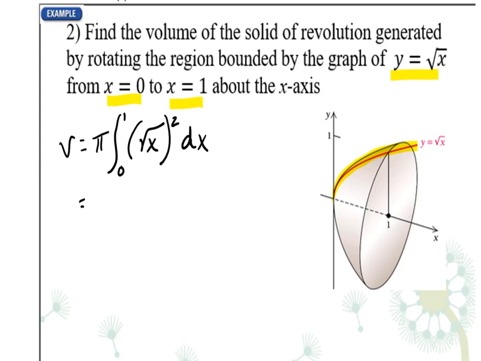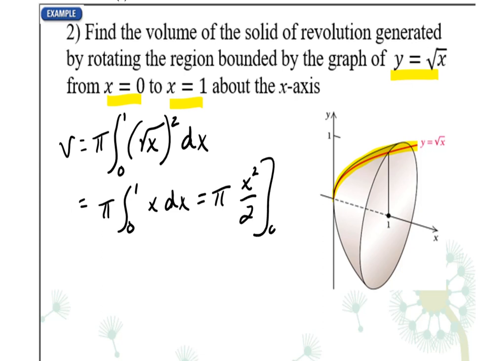And again, I'm going to work this out by hand, but you're welcome to use your calculator. Pi times the integral from 0 to 1 of just x dx, which is going to be pi times x squared over 2 that we're evaluating from 0 to 1. I'm going to put a little square bracket right there.